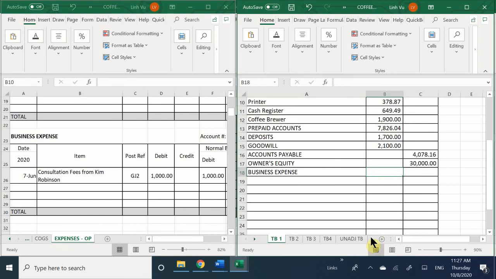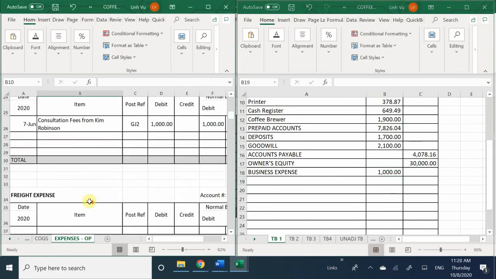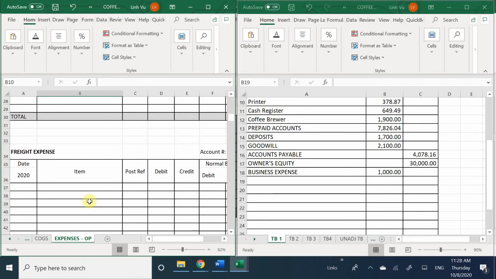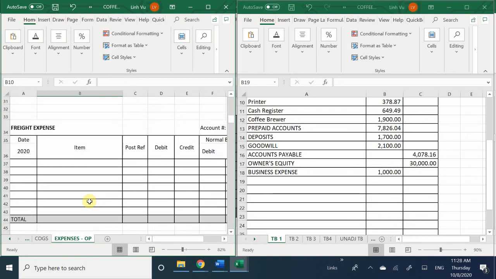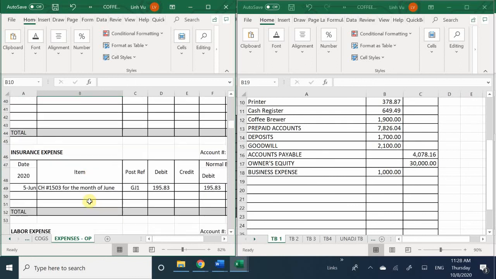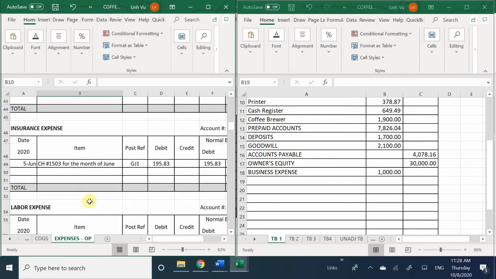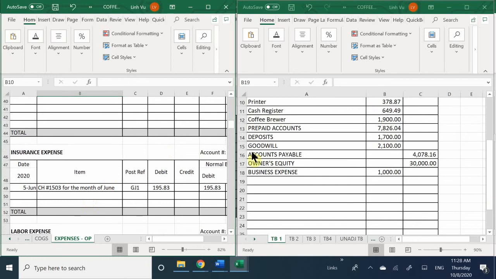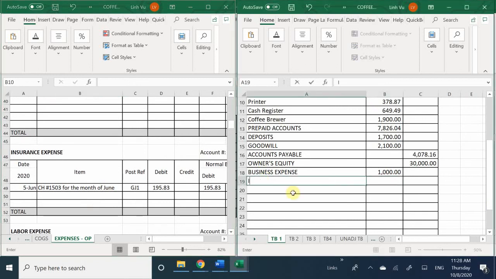Remember, because it's debited, it's on the debit side for $1,000. Okay. Did we have any freight expense? No. Not yet. Okay. What about insurance expense? Yes, we did. For the total of $195.83.